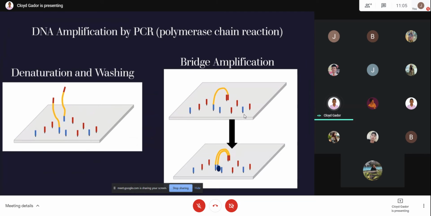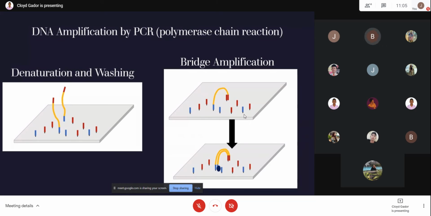DNA amplification is needed in this process para maka-generate from one DNA fragment og millions or thousands of copies ana na DNA na sequence mo.